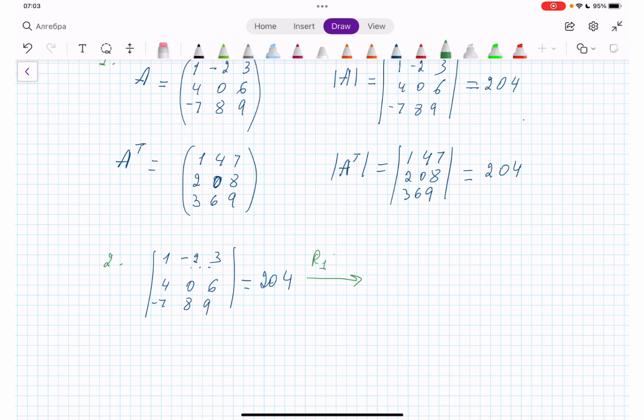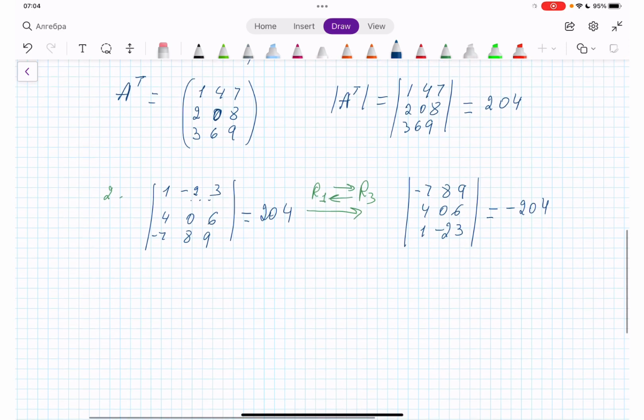R1 swapping with R3. And we are getting -7, 8, 9, 4, 0, 6, 1, -2, and 3. How much is the determinant going to be? -204. So we swapped 2 rows, first and third, and we got a negative sign.